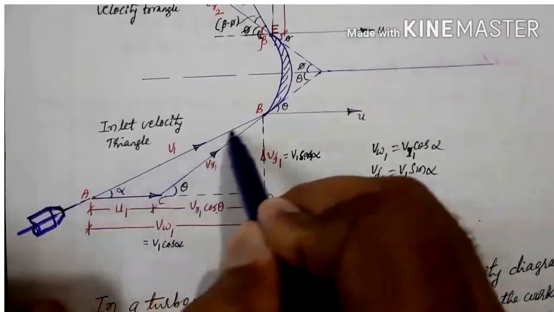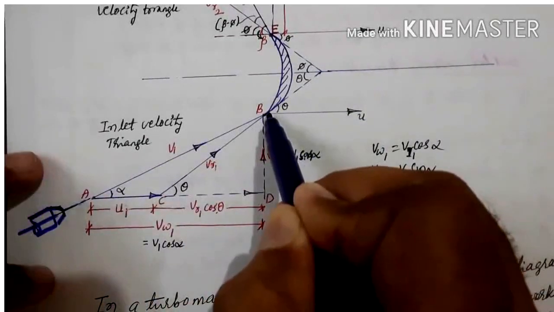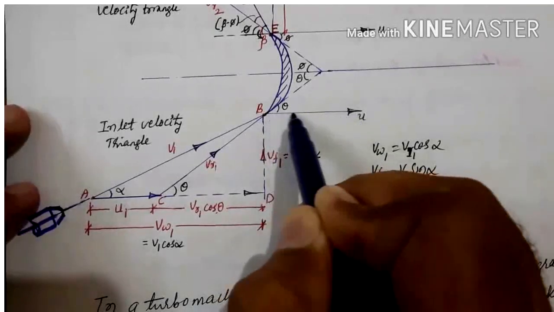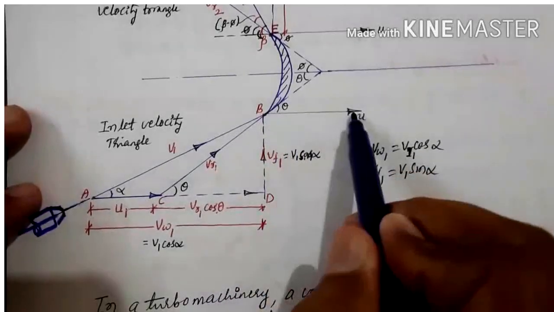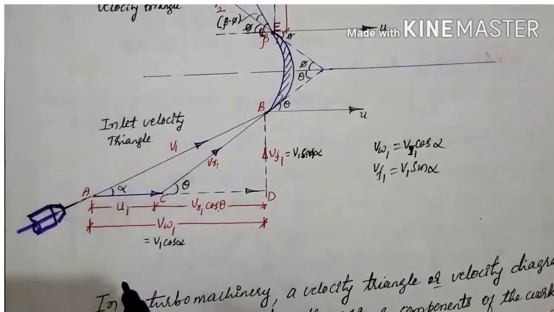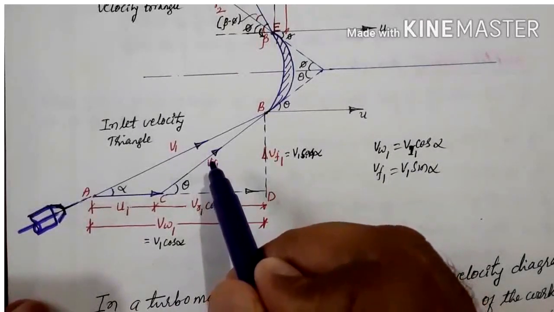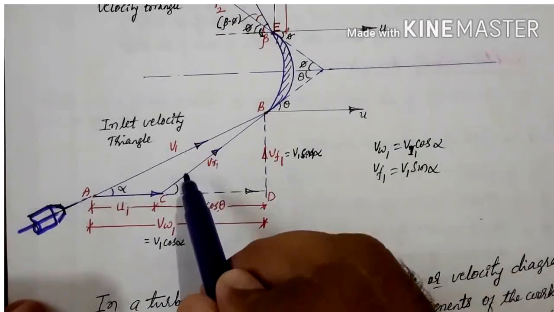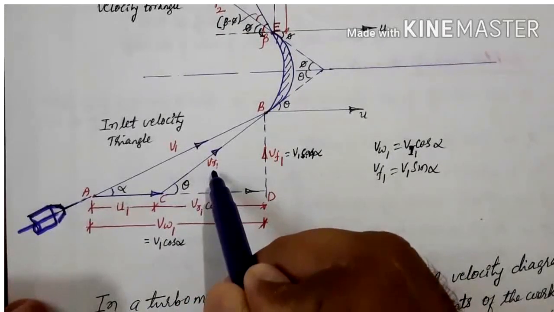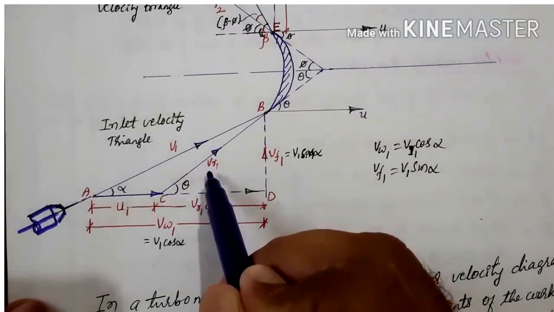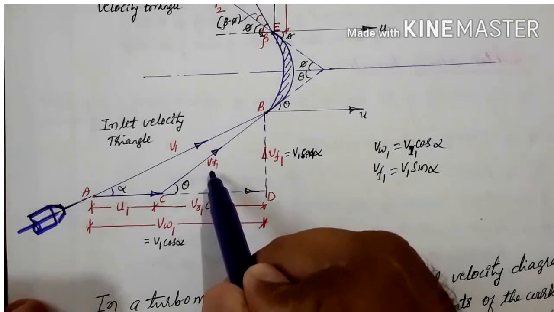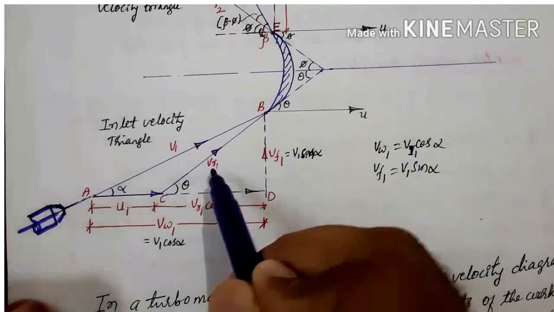So here, look at this figure. The jet is striking in this way. The vane is moving in this direction. From this diagram, we get VR1, the relative velocity of the fluid. With this velocity it comes inside the blade passage.